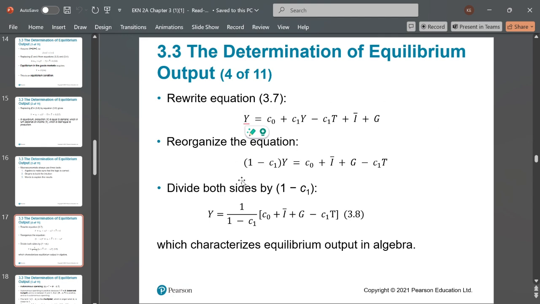Then you're going to factorize it. So now you're going to have (1 minus C1) Y is equal to C0 plus I plus G minus C1T. If you have any questions about this, please note them down.